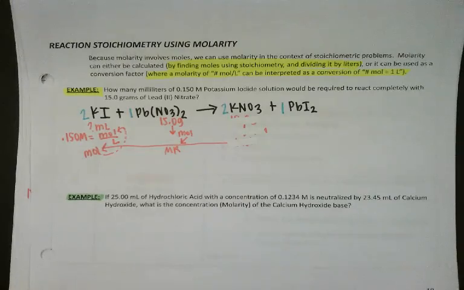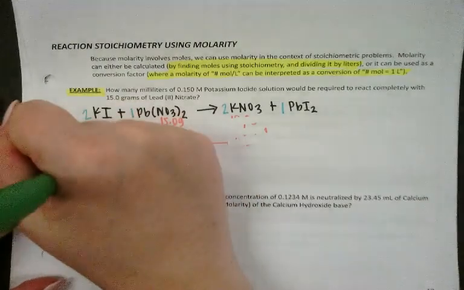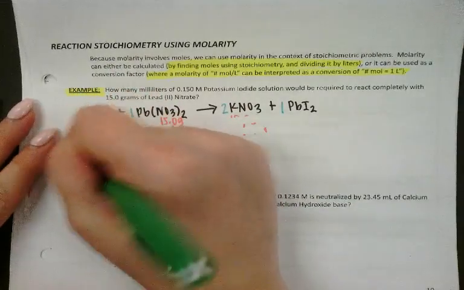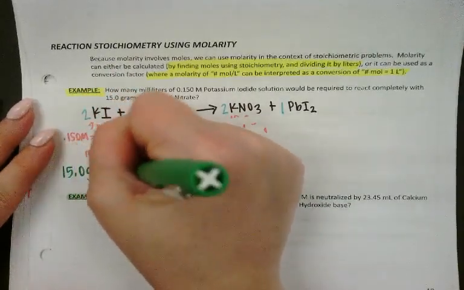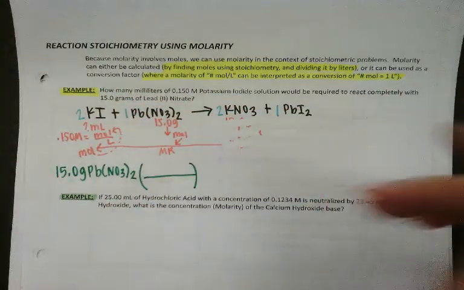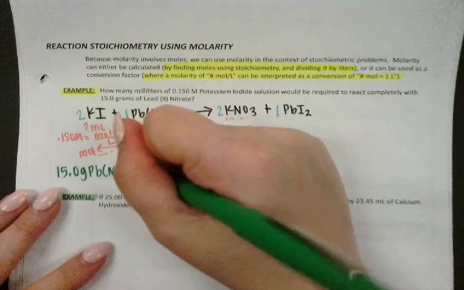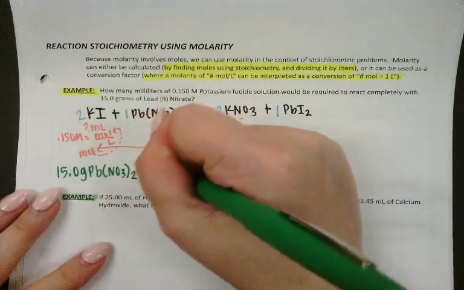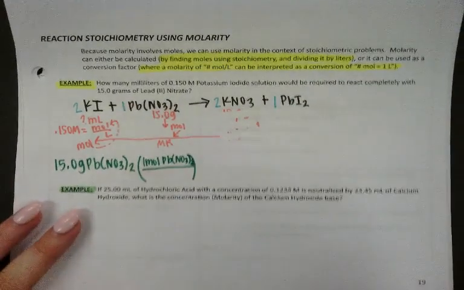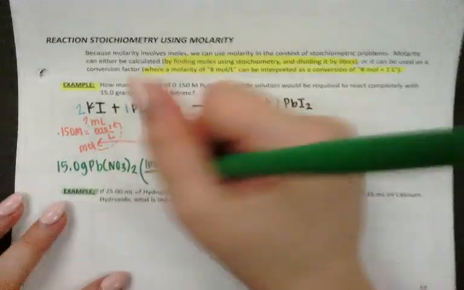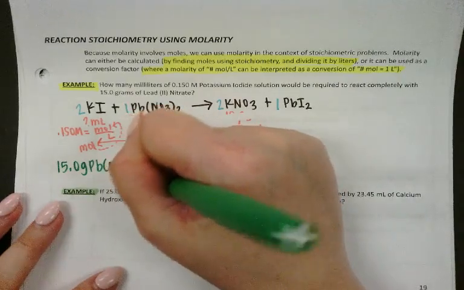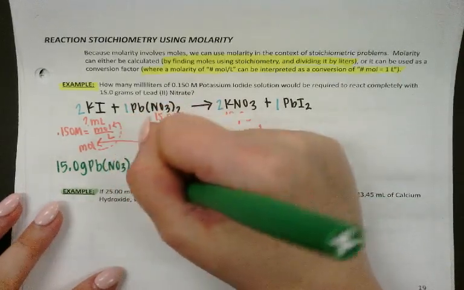So, now when I actually set up my stoich, my given is 15 grams of lead nitrate. My first step was going from grams to moles. Now for time purposes, and you guys know I don't normally do this, I'll go ahead and give you the molar mass of lead 2 nitrate, 331.22 grams.